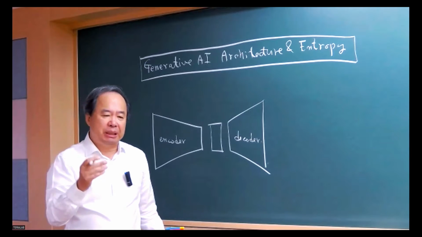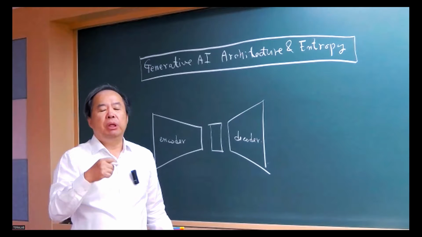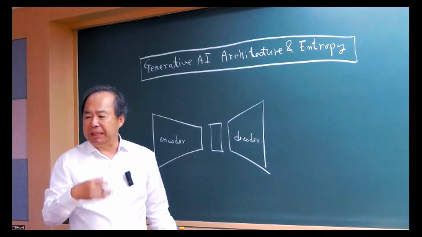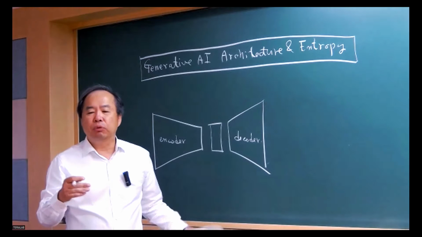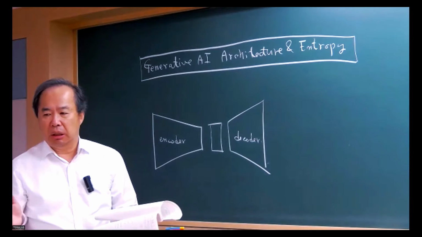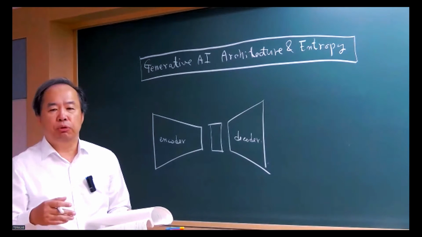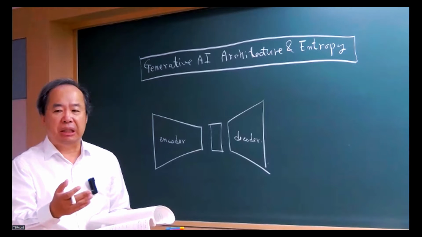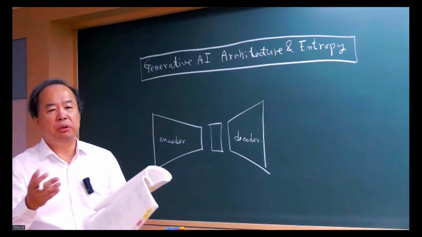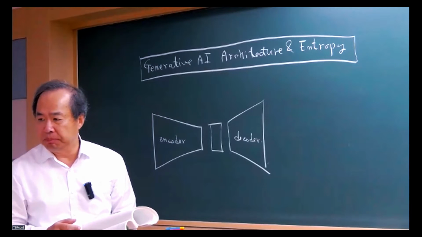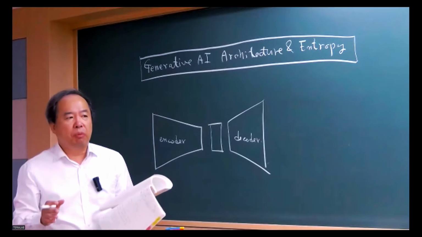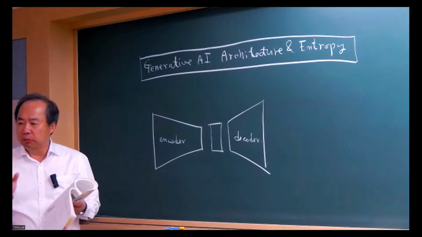Probably at the end of this class, we will freely talk about the basics of these two generative AI models. I would strongly encourage your term project to use either a transformer model or a diffusion model to solve your engineering problem. That is what I would expect from your term project.